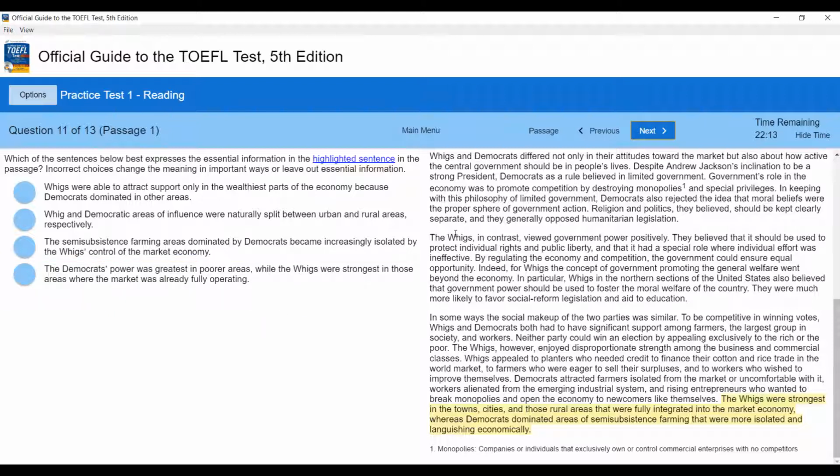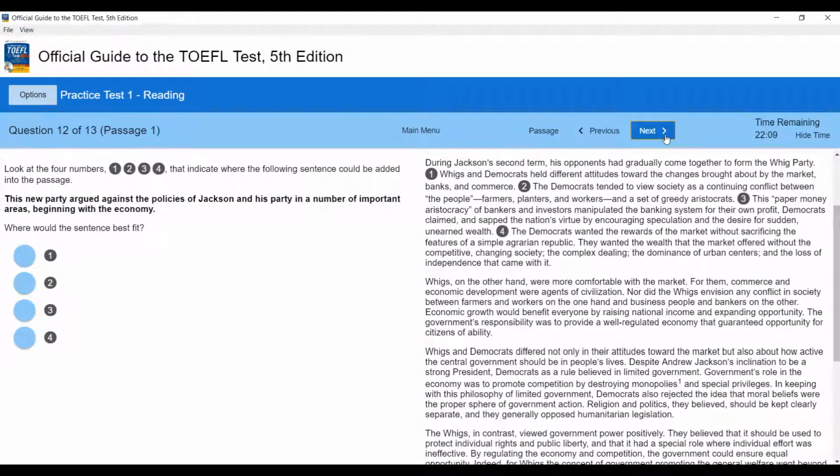Okay. Now, this next one I think will probably be a sentence insertion. Yeah, okay. So here, I need to look at some context clues. So this new party argued against the policies of Jackson. So this is referring to something that is just before it. Against the policy of Jackson and his party in a number of important areas, beginning with the economy.